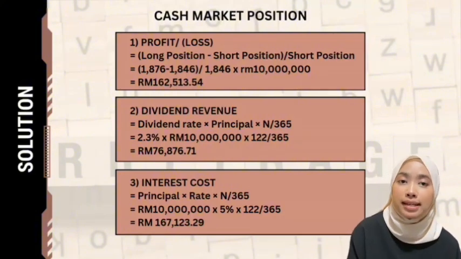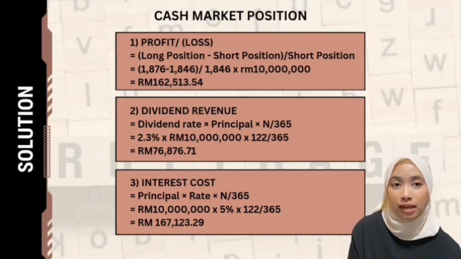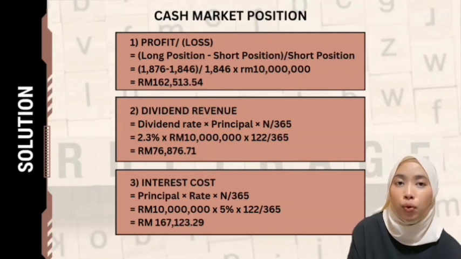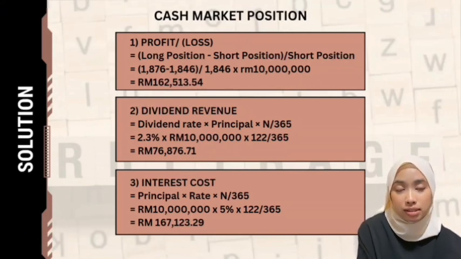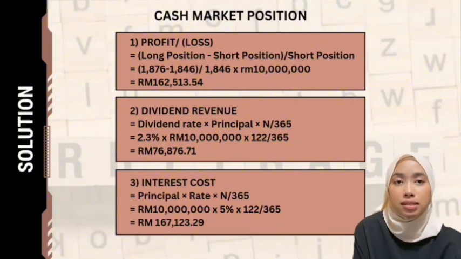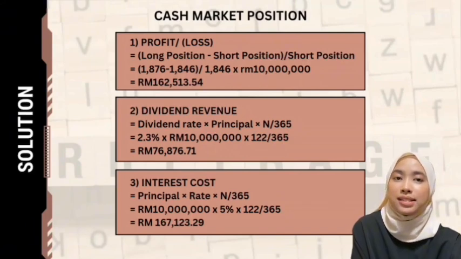Next is dividend revenue. The formula is dividend rate times principal times days, divided by 365 days. So 2.3% times 10 million times 122 days divided by 365 days is equal to 76876.71. And the next is interest cost.